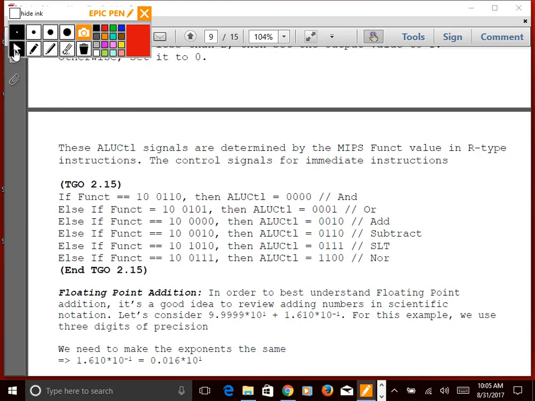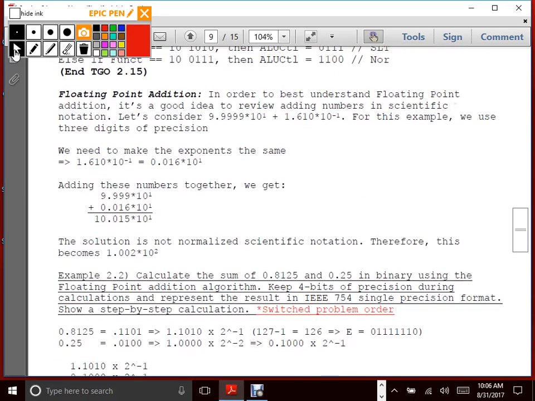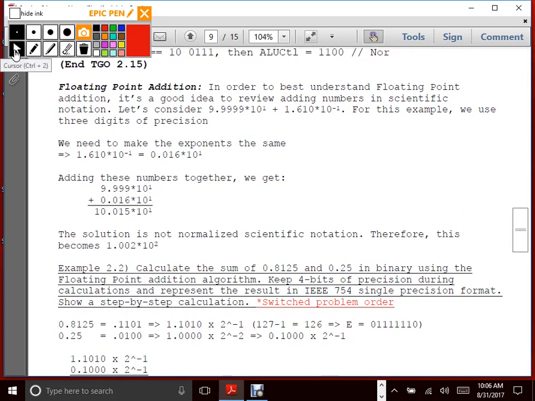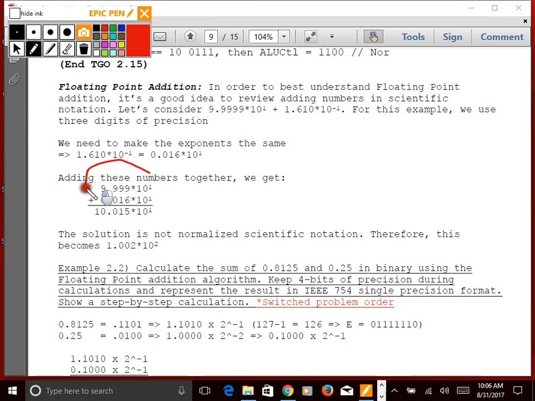All right, so now that we're starting to design this ALU, how do we actually use this to perform operations? So the first thing we're going to discuss is this concept of floating point addition. If you recall from when you're doing grade school, say you're doing 9.99 plus 0.16, right?